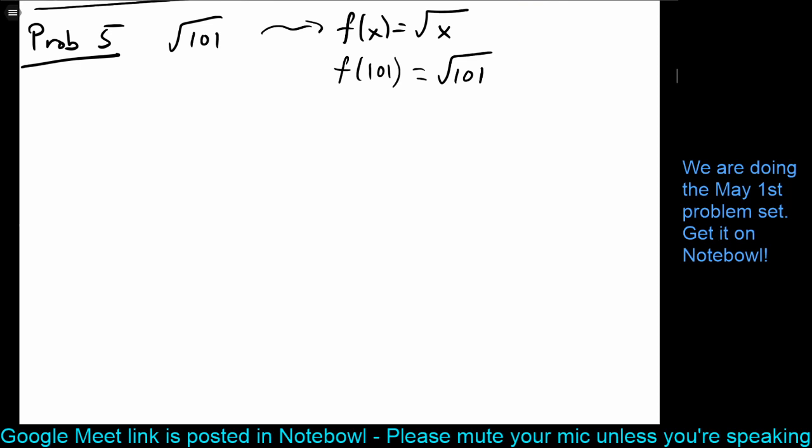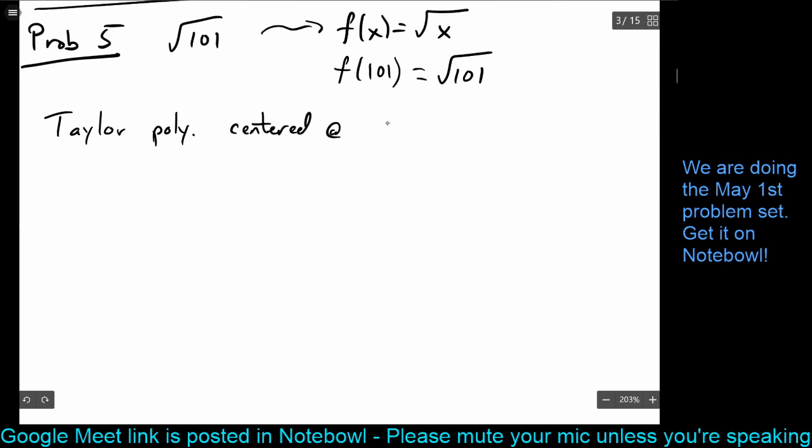So a good place to center this is the closest value where f of x makes sense, or where we can compute it by hand. Notice, if we use 100 as the center, we can compute the square root of 100. So we want to compute a Taylor polynomial centered at a equals 100.